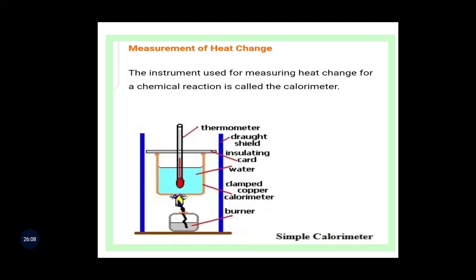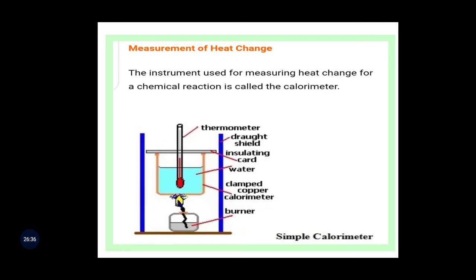Measurement of heat change. The instrument used for measuring heat change for a chemical reaction is called the calorimeter. This setup is just a simple setup for measurement of heat. What we have there, you can see, is a beaker placed on a Bunsen burner.